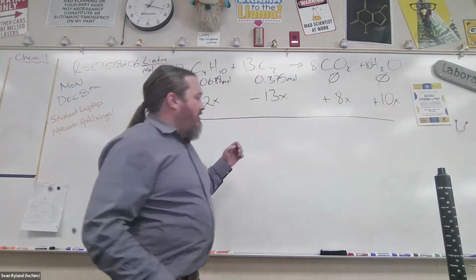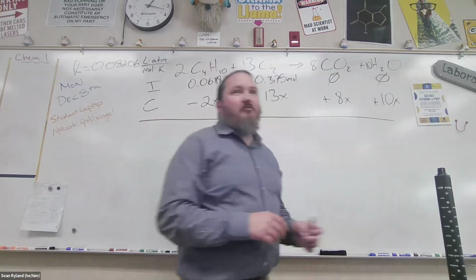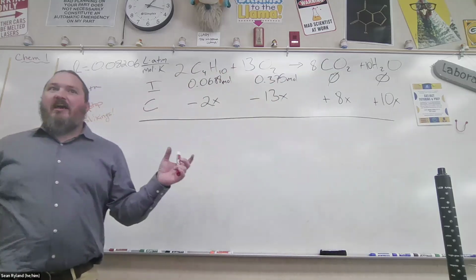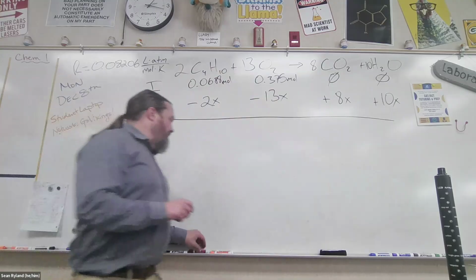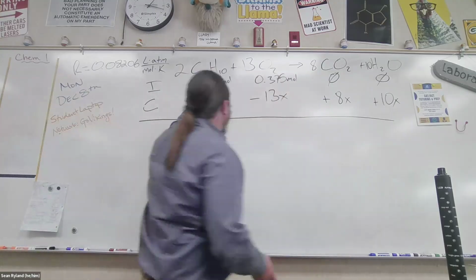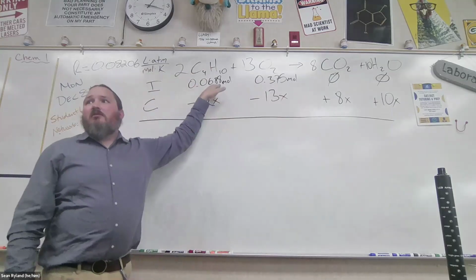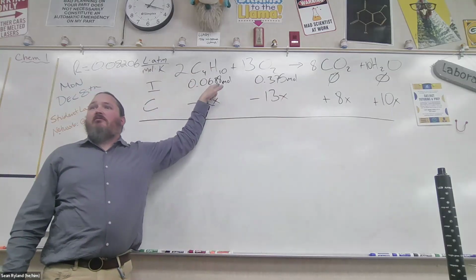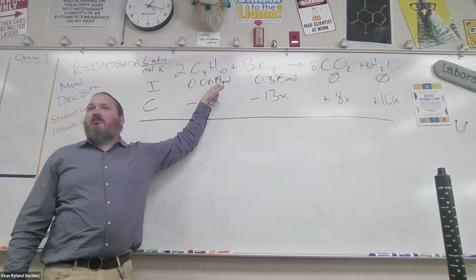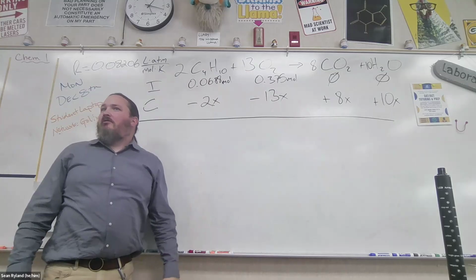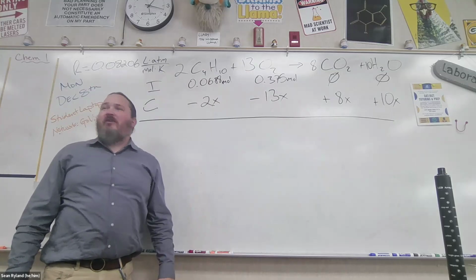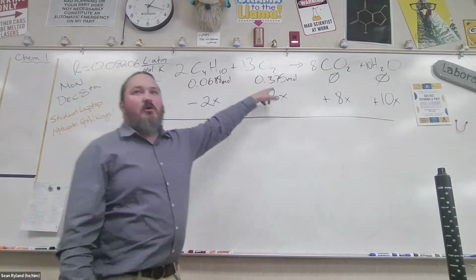If you know the pressure of something and you know that all of your gases are in the same container, you can basically do this not just with moles. You can do this with pressure units as well. You can't do this with masses. Why can't you do this with mass? Why can't I just say 4 grams and 12 grams?